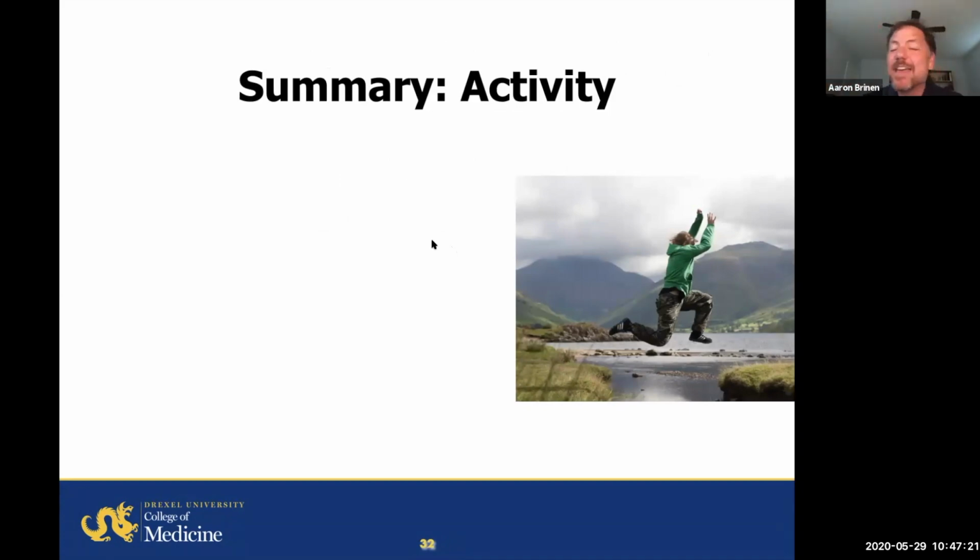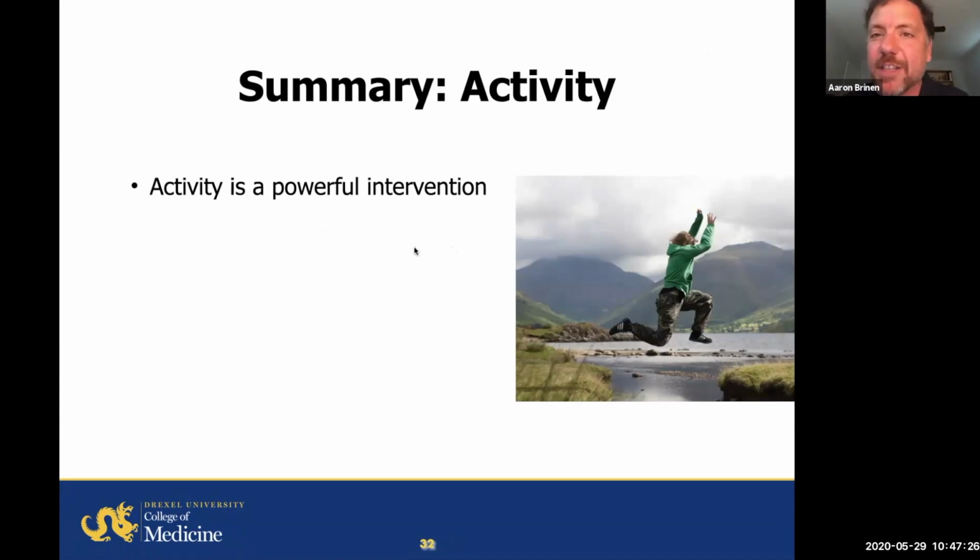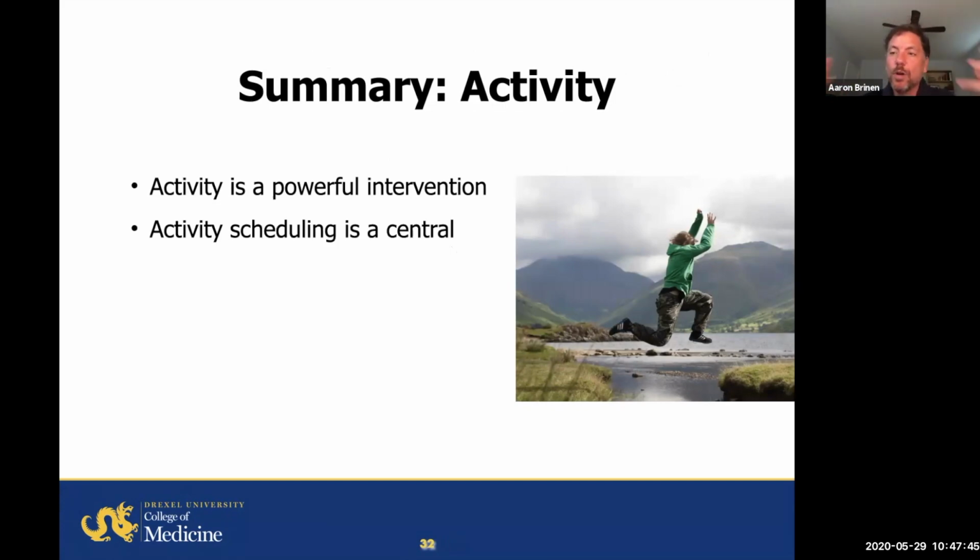So the summary of the way that we're going to use activity: it's a powerful, powerful intervention. I think a lot of times we want to break out look, point, name. We want to do a thought record. We want to do exposure. Activity is so powerful. It provides really concrete data that the individual has produced themselves. Activity scheduling is going to be a central intervention. It's partly about building up the schedule, but it's partly about evaluating that schedule as we go along.